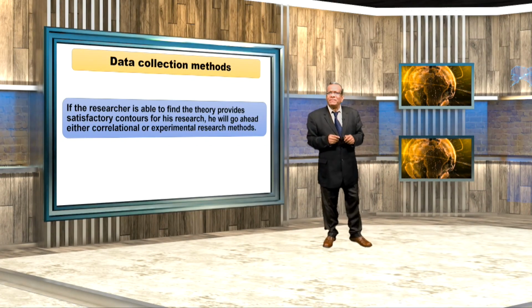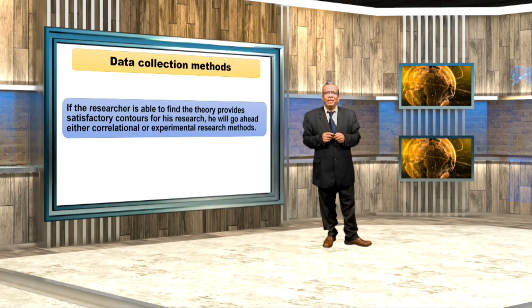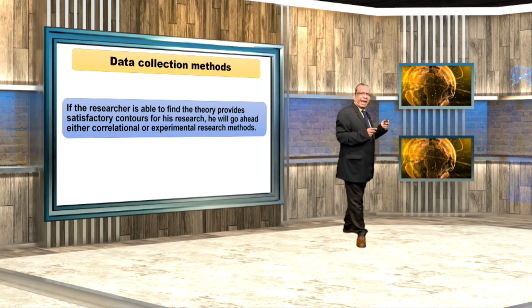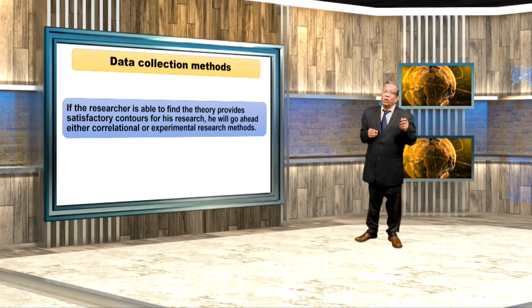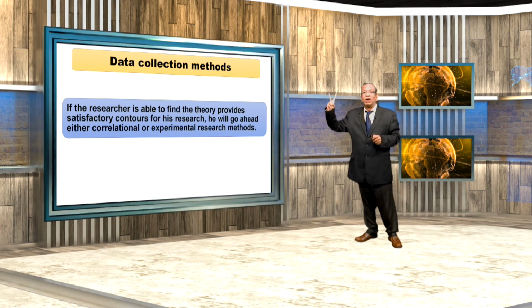Data, now this is a very important thing. If the researcher is able to find a theory which provides satisfactory contours for his research, he will go ahead with either correlational research or experimental research methods.